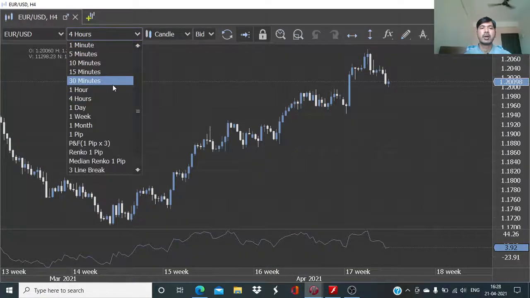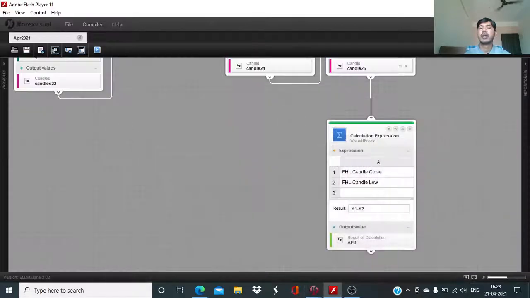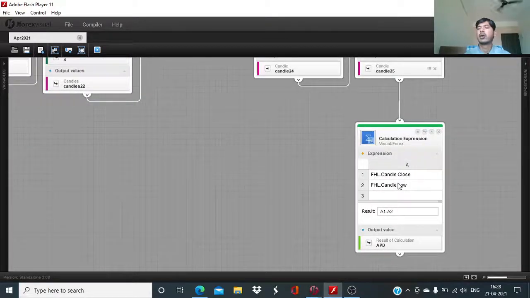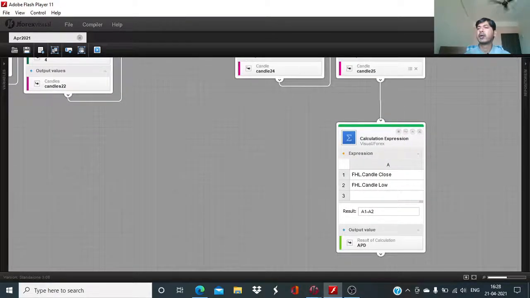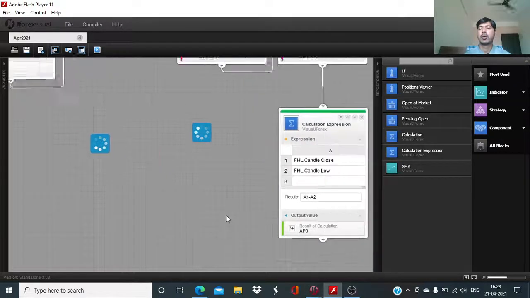We can take 20 pips value as the necessary condition. That should be the minimum price difference between the highest candle close or the last hour's candle close and the lowest value. So that is going to signify that there is enough of momentum on the buy side prior to the execution of the order. So now I will have to bring in calculation expression blocks, and I will take two of these straight away.